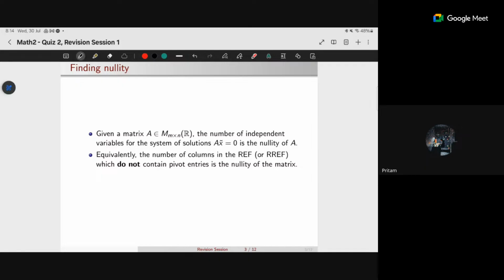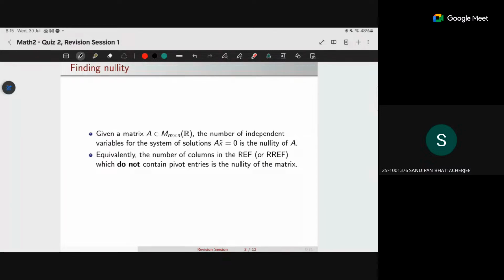What you have to do is find the number of independent variables for the corresponding system of equations. But how do you find the number of independent variables? Using REF. You take the matrix, use row operations to get it to the row echelon form, and then the number of pivots is the number of dependent variables. So the others are independent variables.